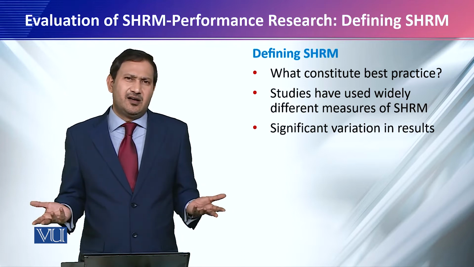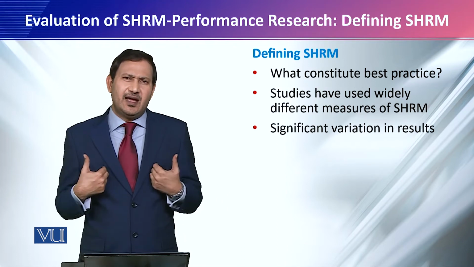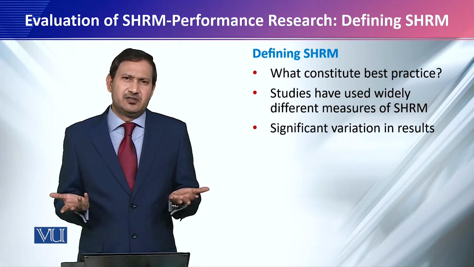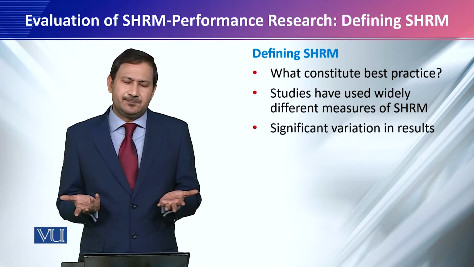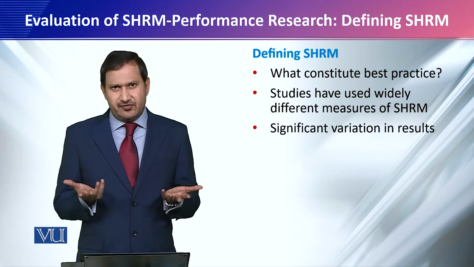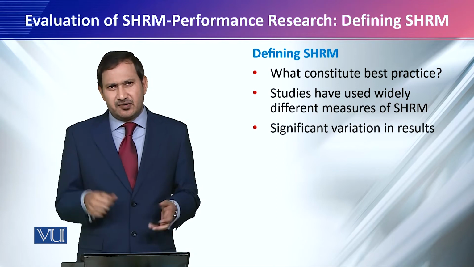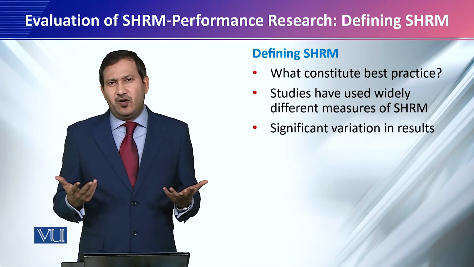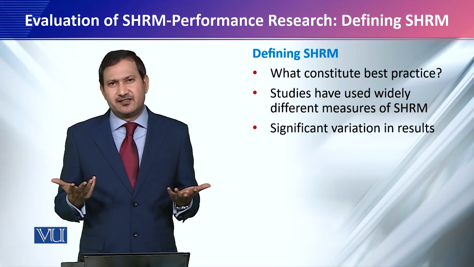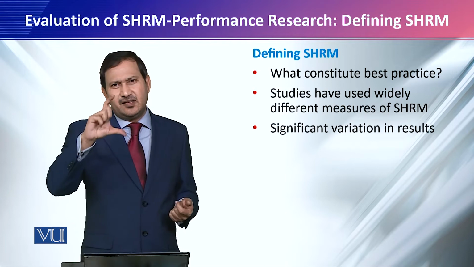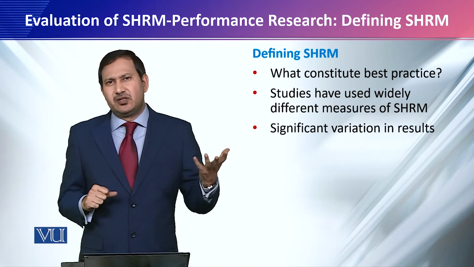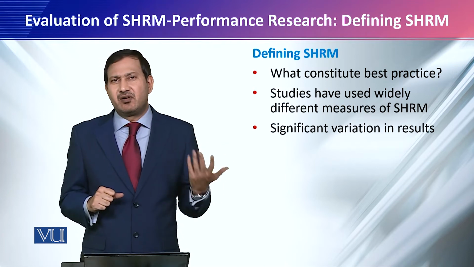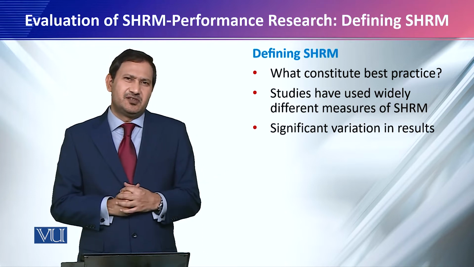So where do we stand now? What do we have to tell HR practitioners or HR professionals? What can we tell them, that if you adopt these practices, this would be the increase in the performance of your organization?